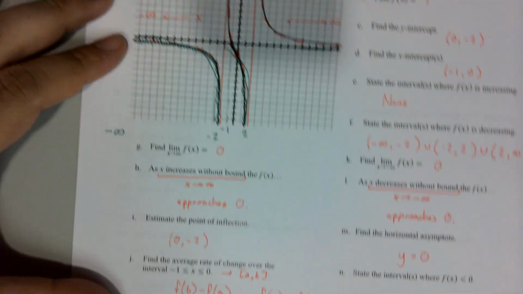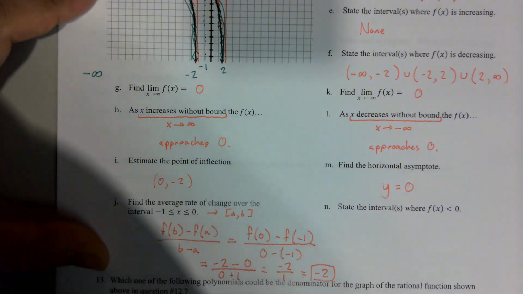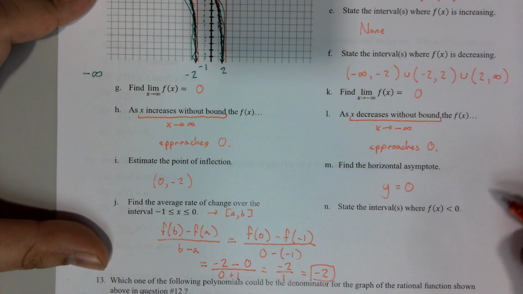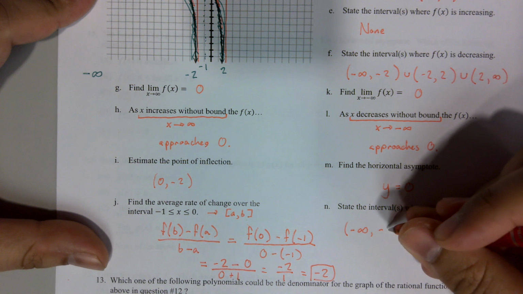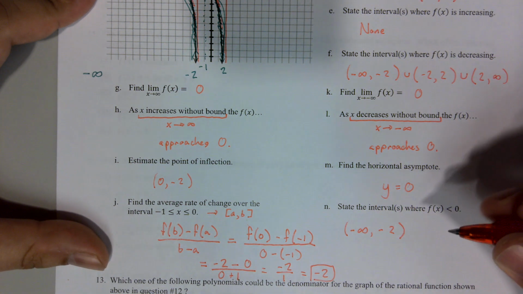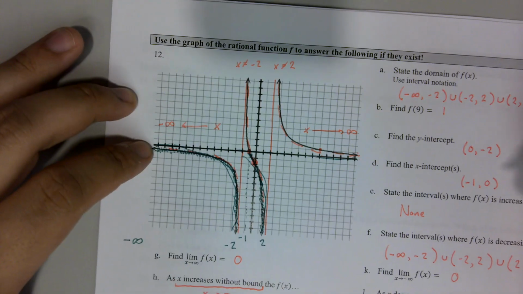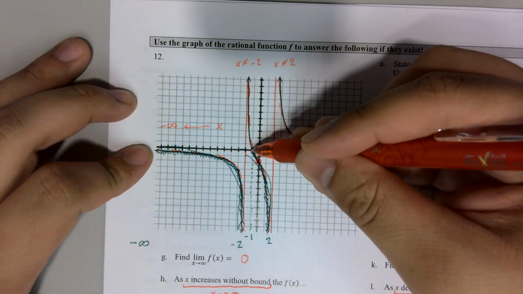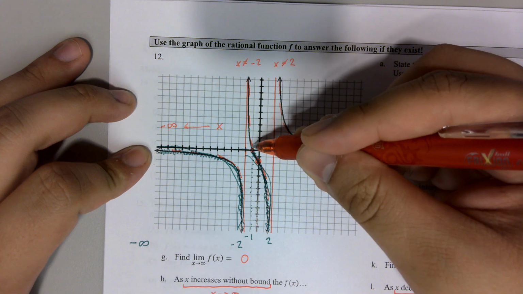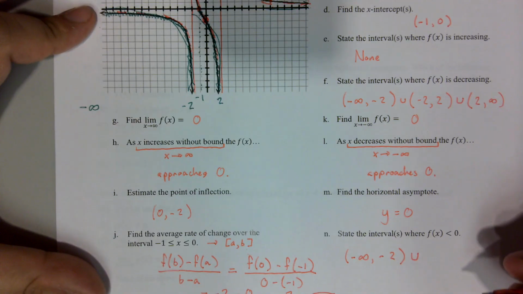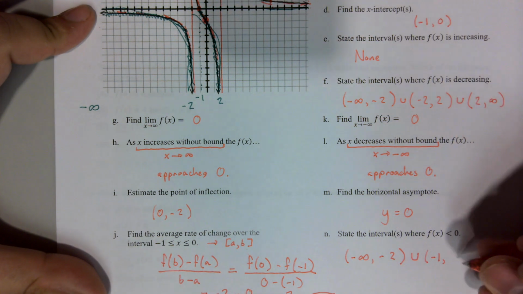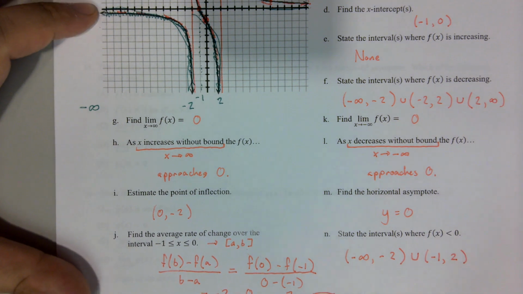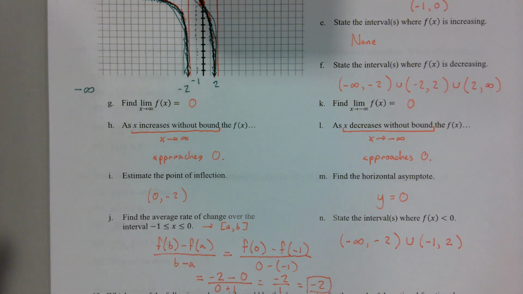So stitching all of that information together, we would say that our interval where f of x is below 0 is from negative infinity to negative 2, and then union, because we have to jump over this little area of the asymptote and this portion where the graph is above 0, start at negative 1 and then all the way to 2. And so, there we go. We have from negative infinity to negative 2, union negative 1 to positive 2.